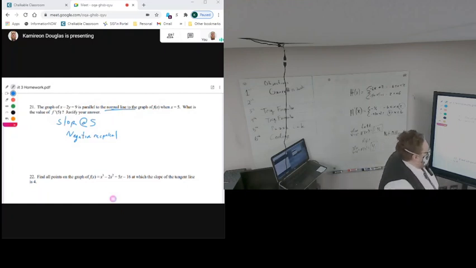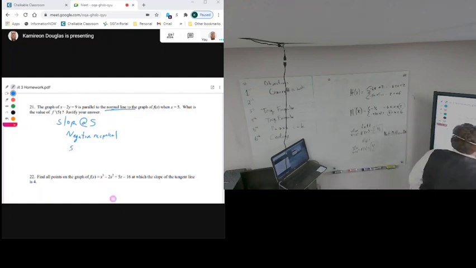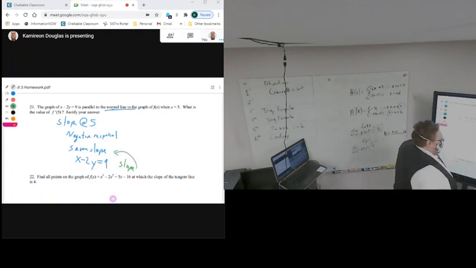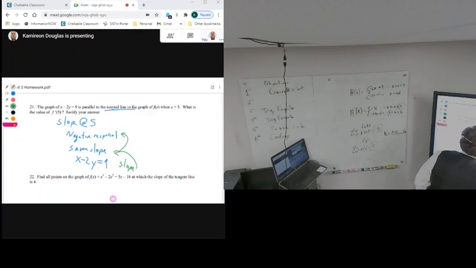Well, what do they tell me now? It's parallel, so something has the same slope as this equation, x minus 2y equals 9. So I can find the slope from this one. It's going to match slopes to that one. And then I use a negative reciprocal to find that one.